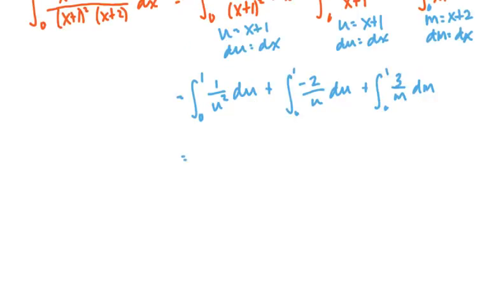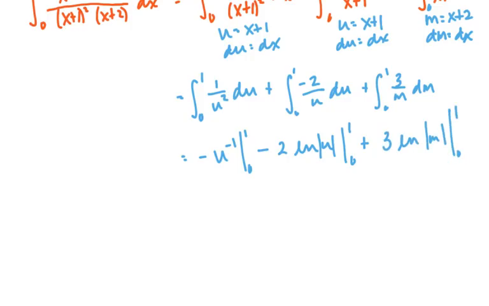So the integration of u to the minus 2 is negative u to the minus 1 from 0 to 1 plus, let's change that to a minus 2, and the integration of 1 over u is natural log of absolute value of u from 0 to 1, plus 3 natural log absolute value of m from 0 to 1.